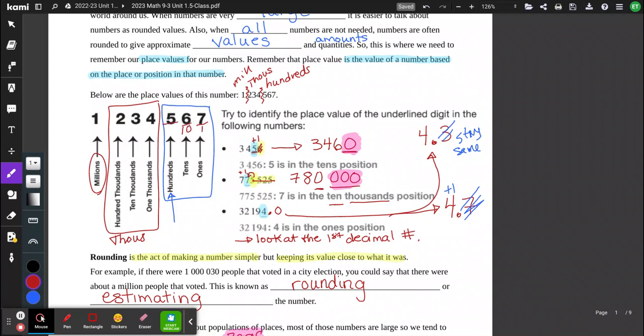How many numbers are after the 5? 2 numbers, so there would be 2 zeros on the bottom. That's how you know how many zeros are on the bottom. The first number in the ones, there's no 0. It's only a 1. As you move to the left, you add a 0 for every place. And that's how we round.